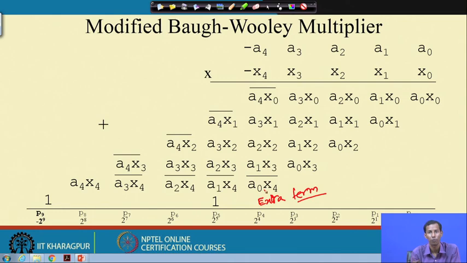Initially in the Bogly multiplier there was a4 and x4 at this particular position, but in the modified Bogly multiplier it is not there. Okay. And then at this particular position, because of this 1 is coming at this 2 to the power 5 position.